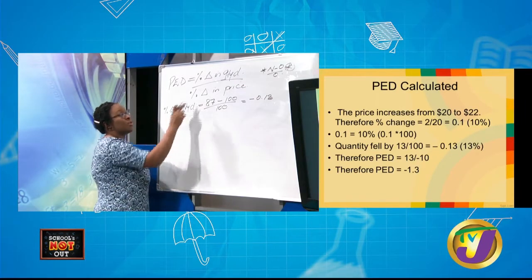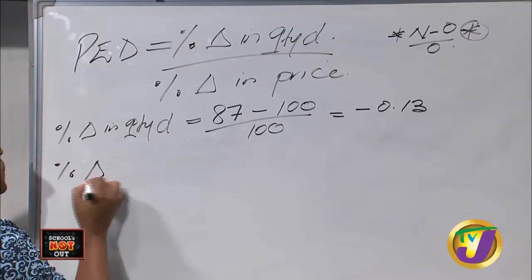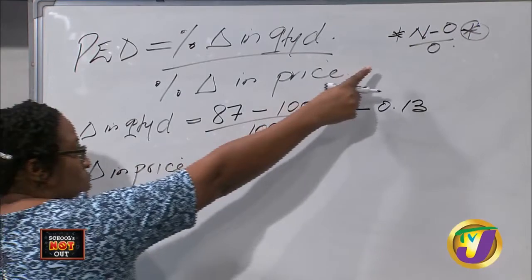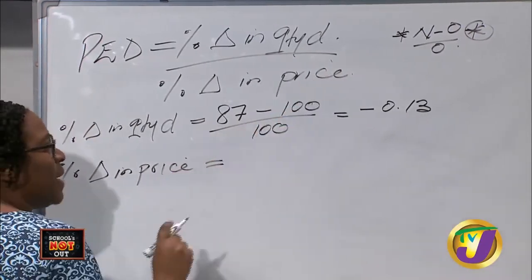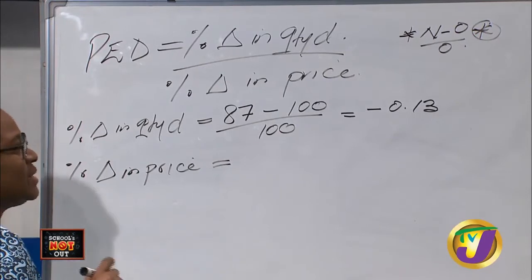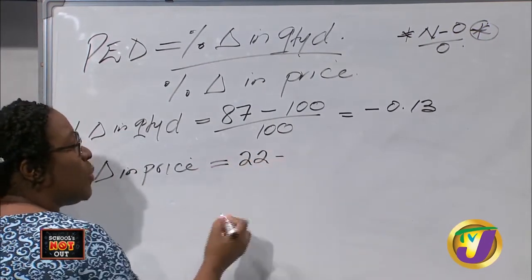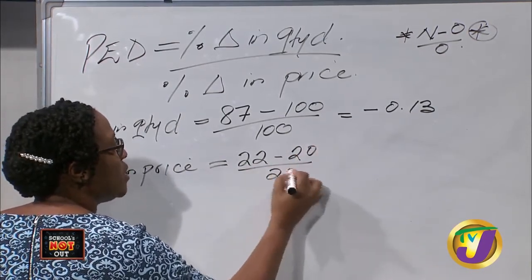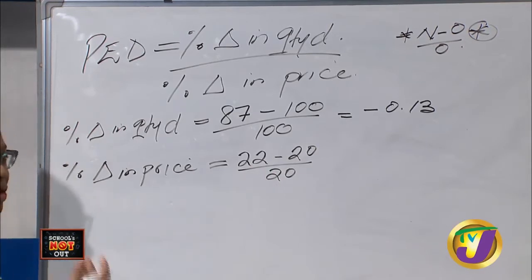Let's now work percentage change in price. Again, to our little note there, new minus old divided by old. The new price, the question says, is $22, minus the old price of $20, divided by the old price of $20. And you're working with me, I'm giving you some time.